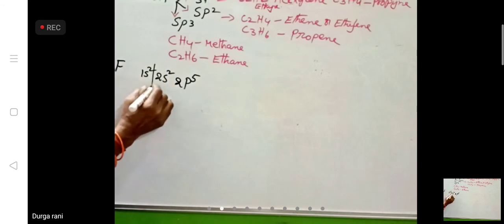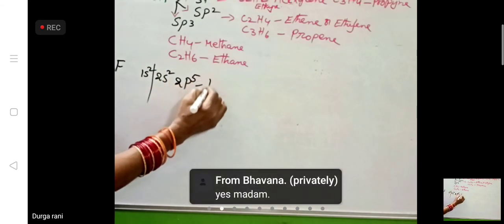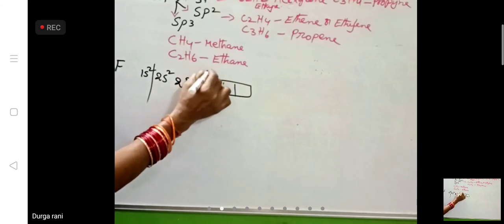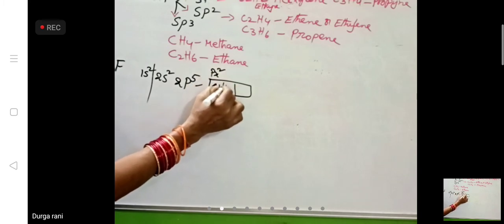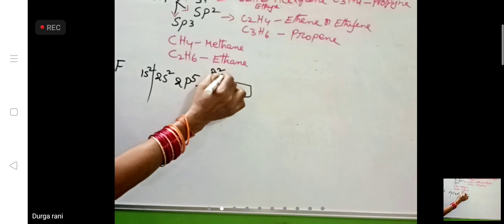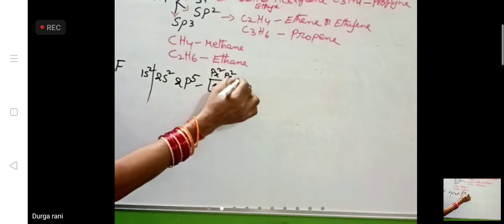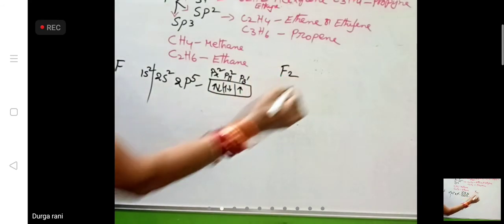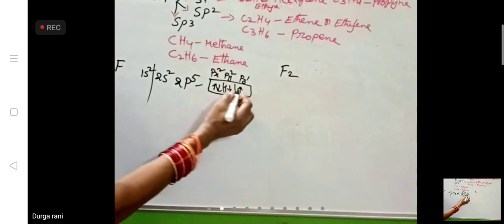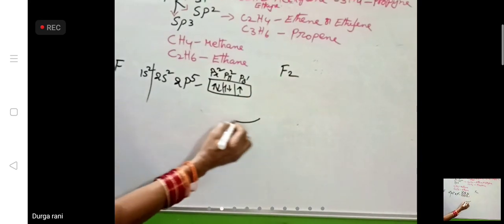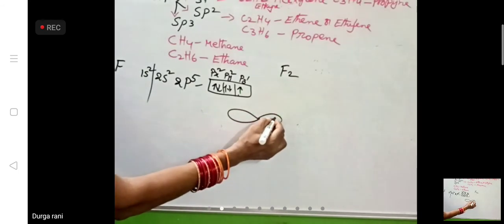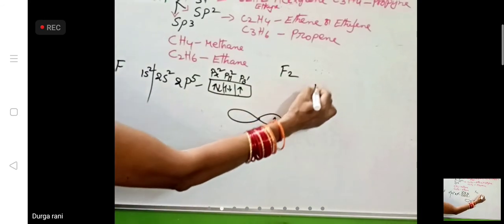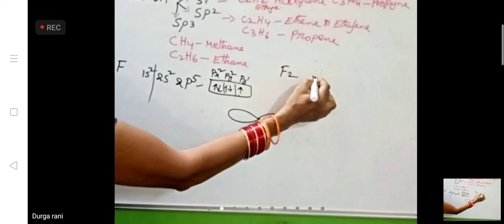So you need to write the extension for the degenerate orbitals, how the electrons will be: Px2, Py2, Pz1. When the F2 molecule is formed, here the pz orbital has only one electron for the first fluorine atom. The orbital has one electron like this. When another fluorine atom comes close, we show it like this with the electron dot system.